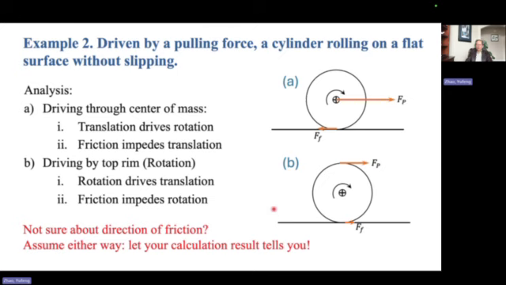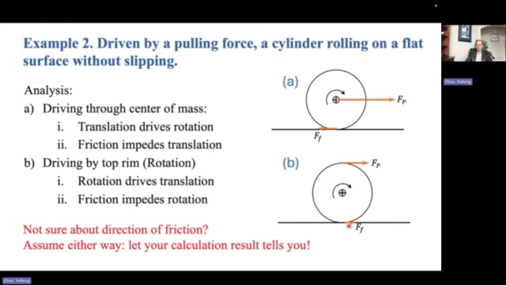Of course, if you are not very sure about the direction of friction in case B, case A is relatively easy. Case B may be difficult for many students, but even if you're not sure about the direction of friction, you can just assume either way, either forward or backward.